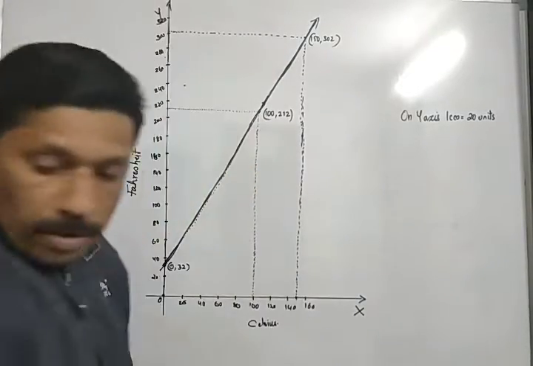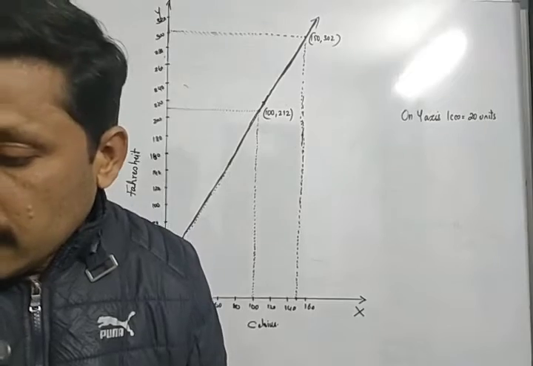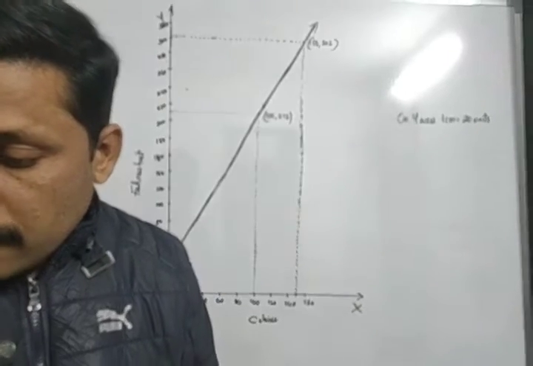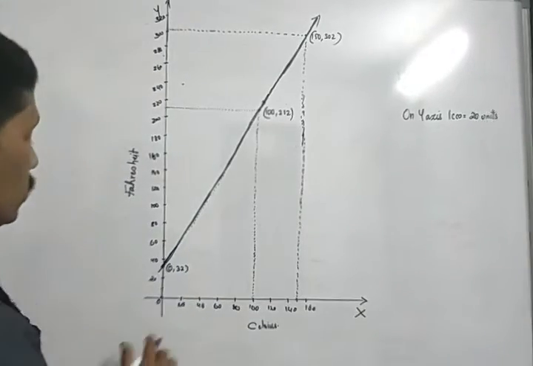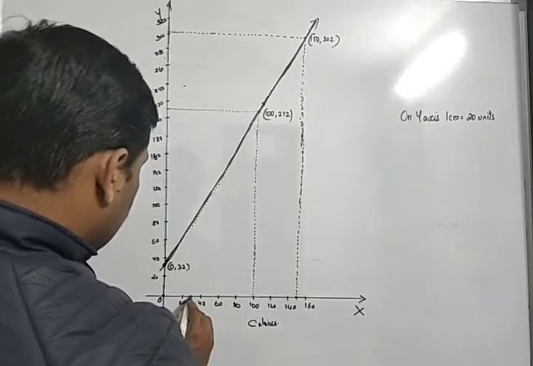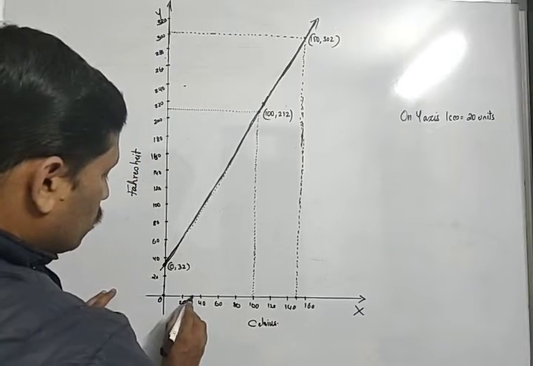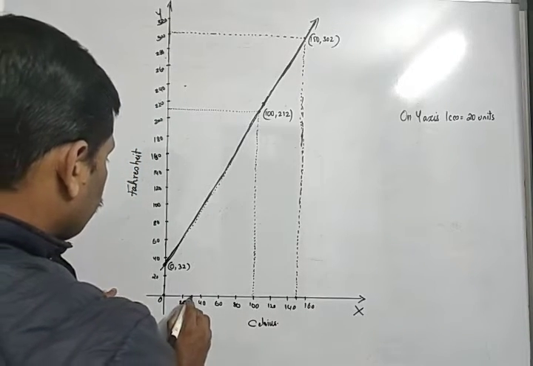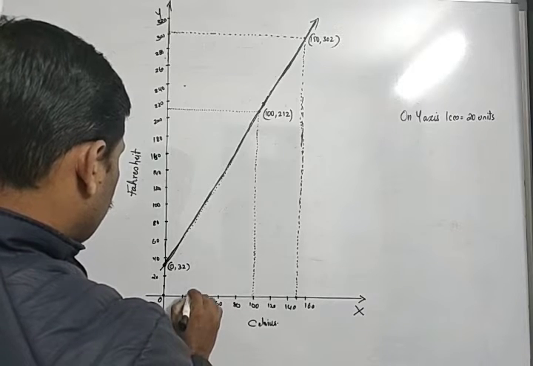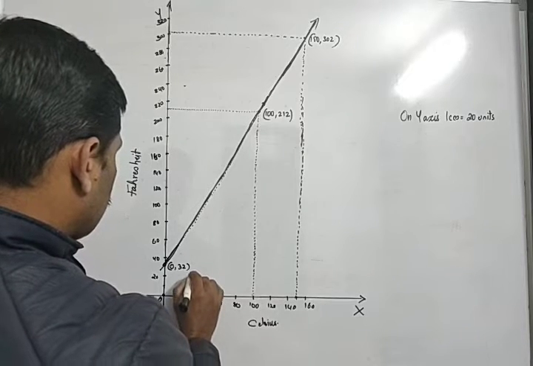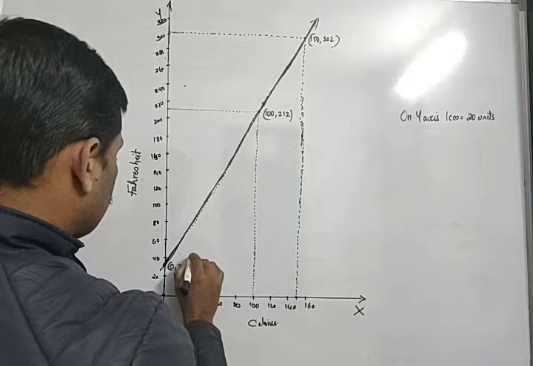And next, one more question. When centigrade is 30 degrees, what is the Fahrenheit? This 30 here, 20 plus 30, so from here we draw a straight line.